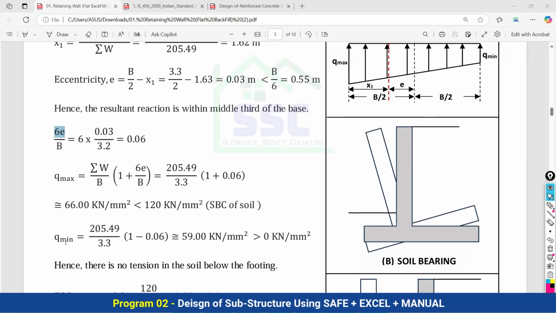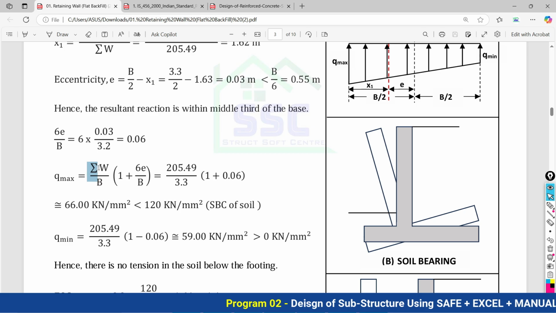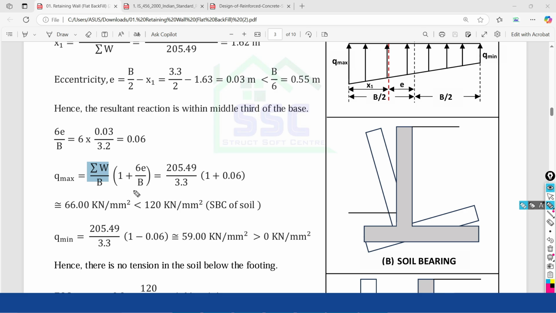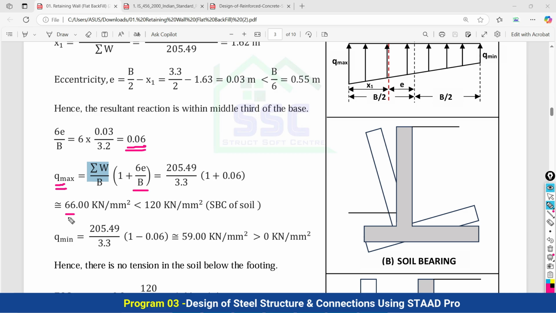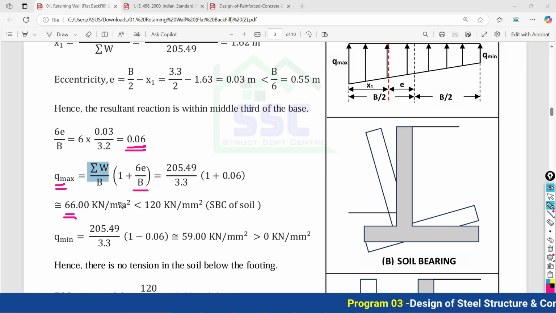So what is the maximum pressure calculation? Total weight divided by width of the base, times bracket 1 plus 6 times eccentricity divided by b, which we already calculated here. After doing all this calculation, we come to know the maximum pressure exerted by the soil at the base of the retaining wall is 66 kilonewton per meter square. It is not mm, it is actually per meter square.